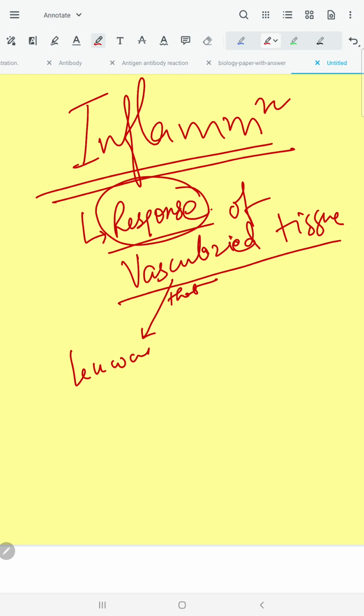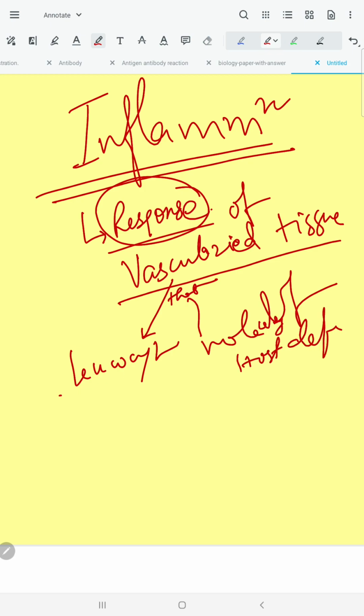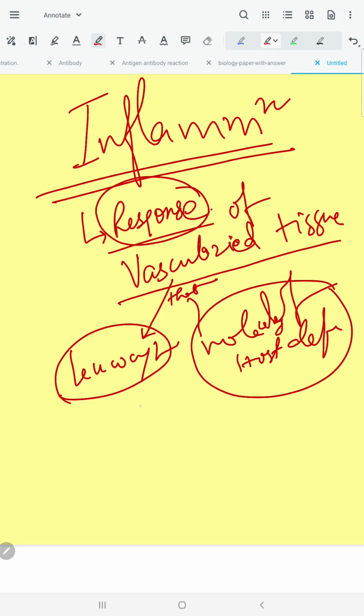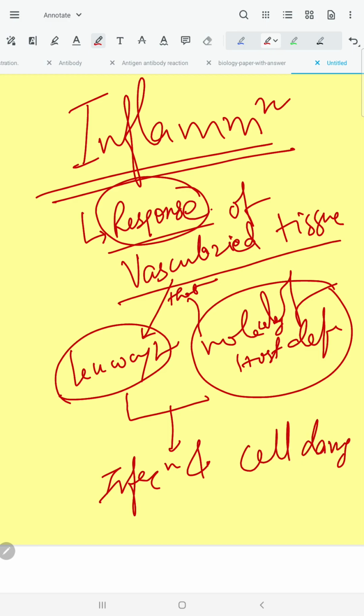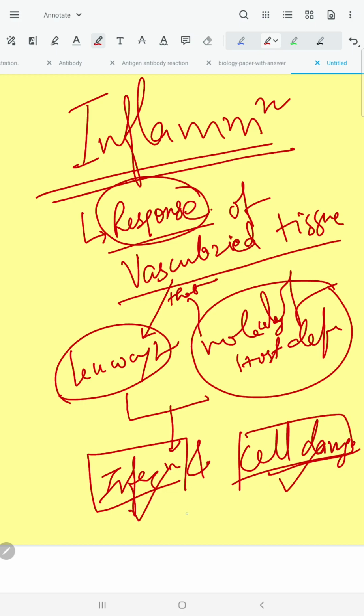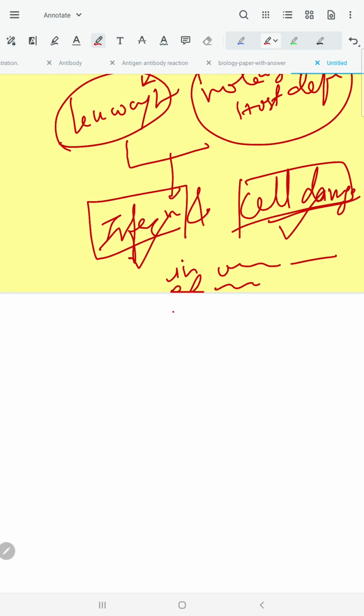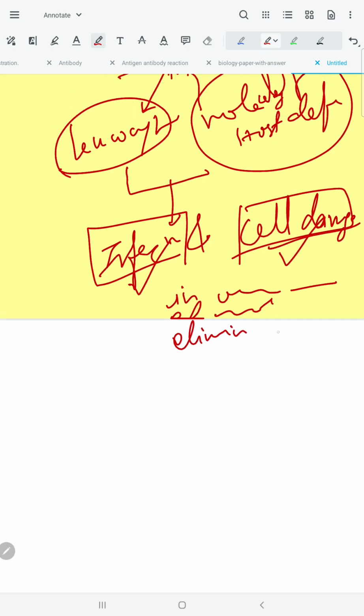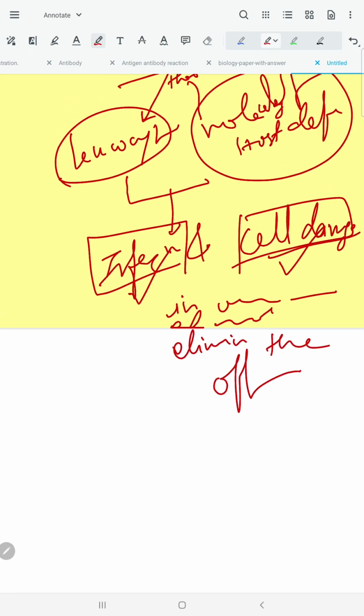That deliver leukocytes and molecules of host defense to the site of infection and cell damage. Where? Where the site of infection is, where the cell damage is, to the site of infection and cell damage in order to eliminate the offending agent. Is it clear what is inflammation?